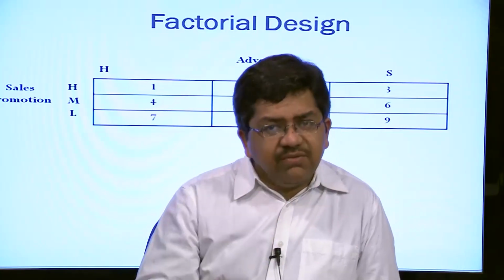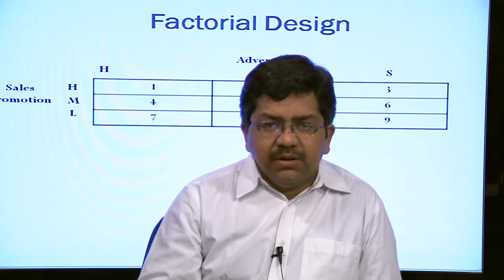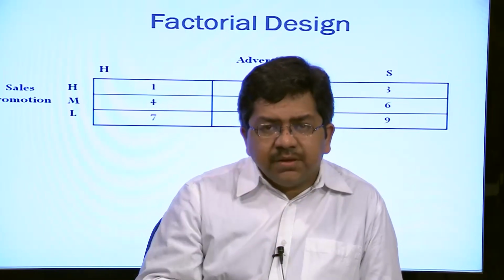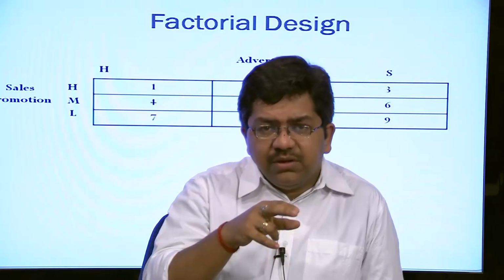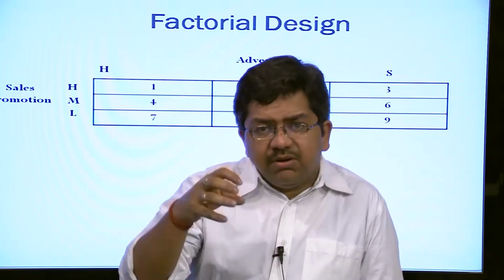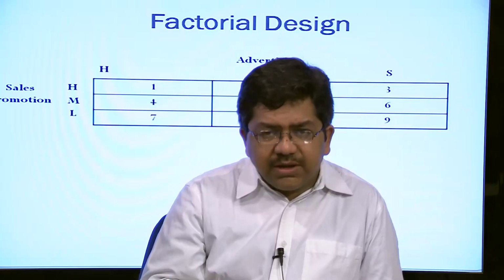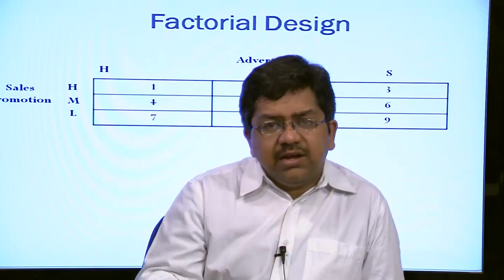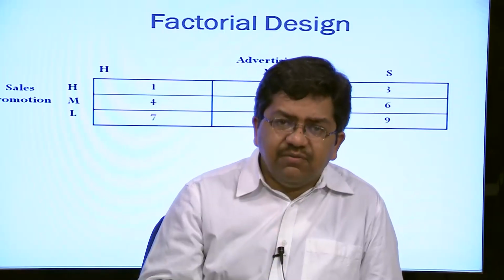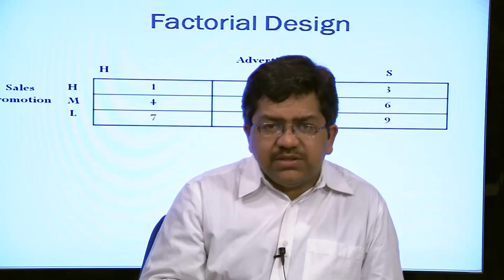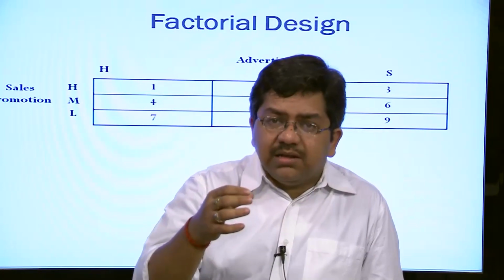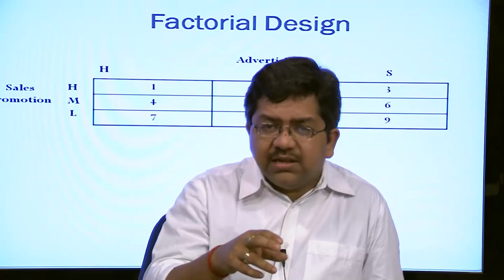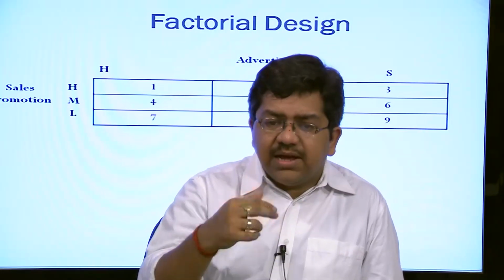So, you see there are different types of advertising format which are possible, and you want to understand the effect of this variation, or the effect of these marketing mix variables, on the sales of a company. Then you can use this factorial design, as you can see that not only can you understand the individual effect of sales promotion on sales, and the type of advertising on sales, you can also understand the interactive effect of sales promotion and advertising.